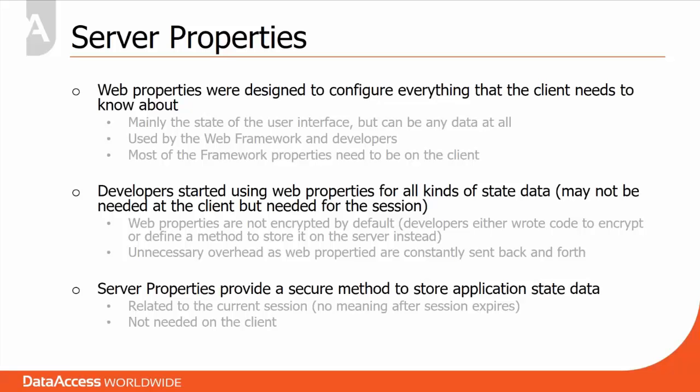If you were transmitting a lot of data back and forth, it might be unnecessary overhead because they're sent back and forth with every call. Once you've used it once, it starts going back and forth with every call. And depending upon the size of the data that you're sending, it could be slowing things down unnecessarily. So server properties basically remove the need to send anything that isn't required by the JavaScript engine across at all.